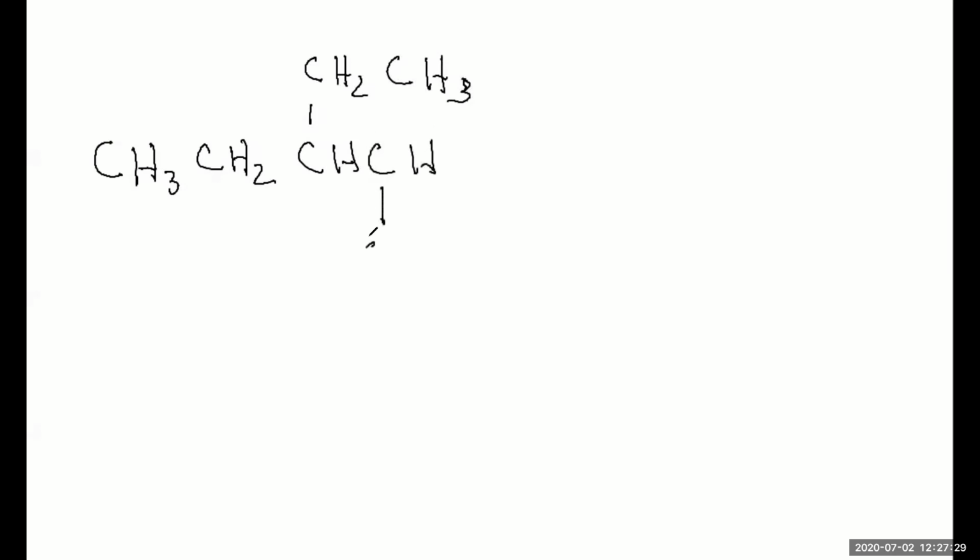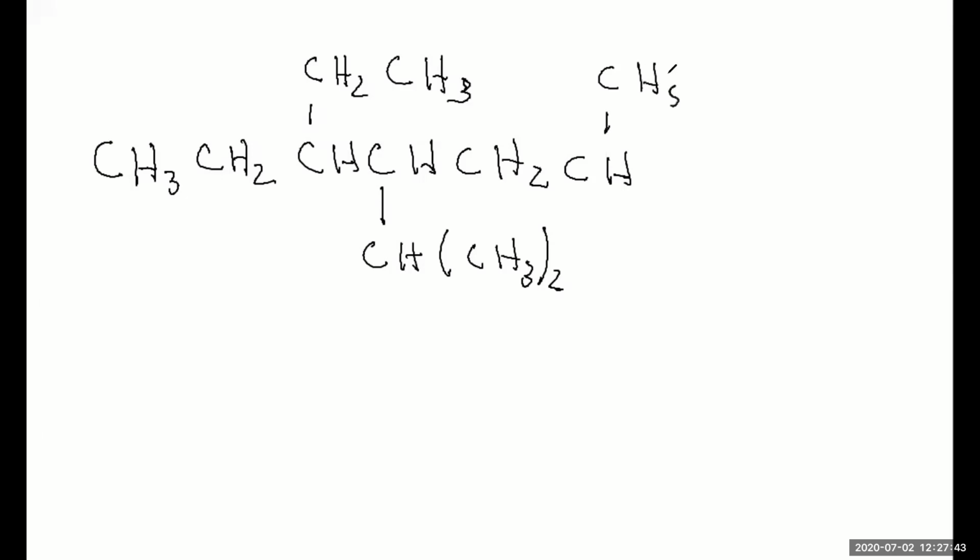So we have CH3, CH2, CH, here we have CH2, CH3, okay, CH, CH, CH3, CH2, CH2, CH, CH3, and then we have CH3. So how would we draw a line angle formula for that?